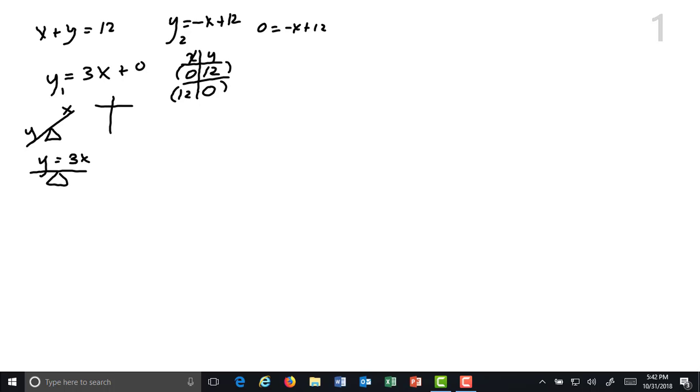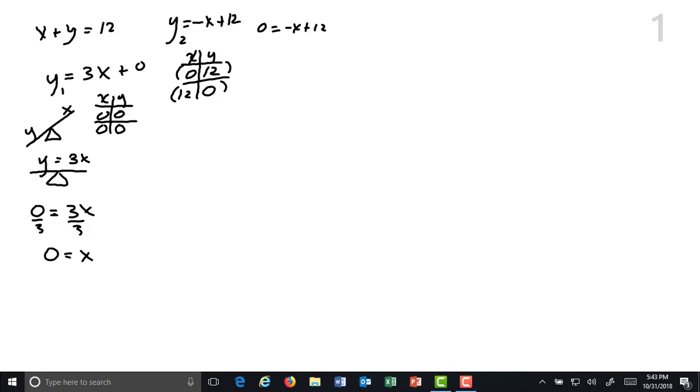because we already know that when x equals 0, y is 0. And when y equals 0, I have 0 equals 3x. So if I divide both sides by 3, I have 0 equals x.